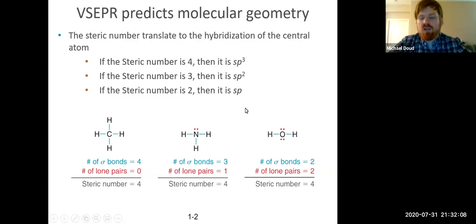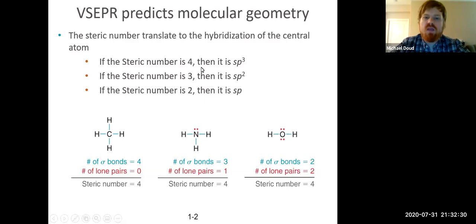Now, this is where we're going to take a shortcut in terms of organic chemistry. Once we count the steric number, we can actually figure out the hybridization of whatever that central atom is. So if we have a steric number of 4, then we know that our molecule is sp3 hybridized. If its steric number is 3, then it's sp2, and if the steric number is 2, then it's sp hybridized.